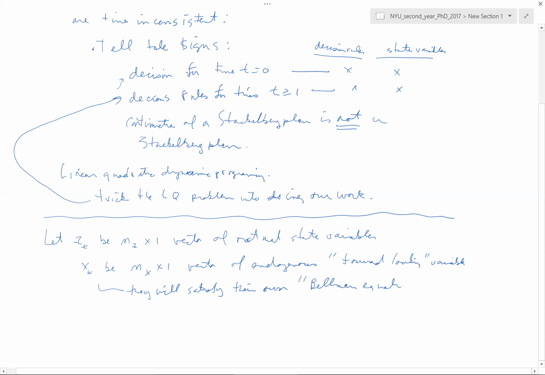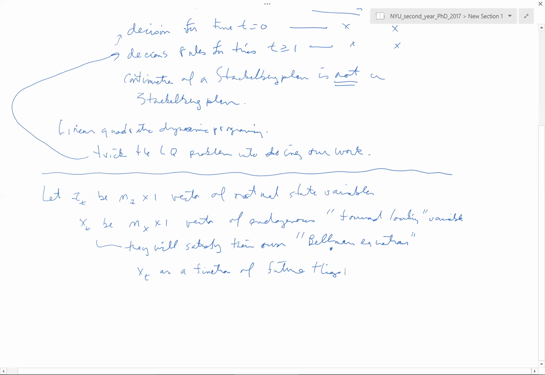I'm just using the term Bellman equations freely here to mean an equation that expresses x_t as a function of future things. That's the key thing. And often it does it in a recursive way. So I'll give you an example of this in a minute.